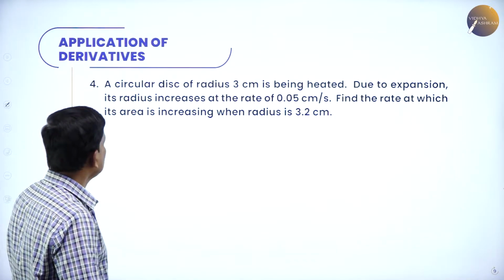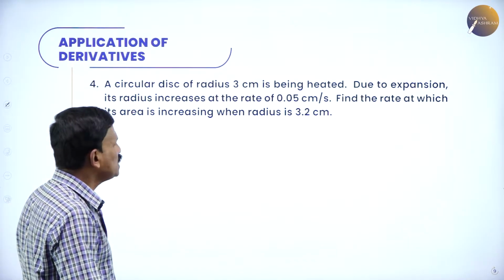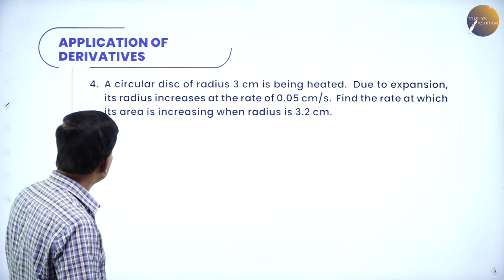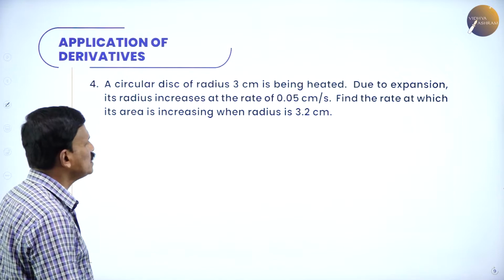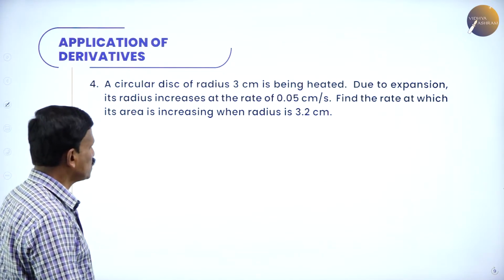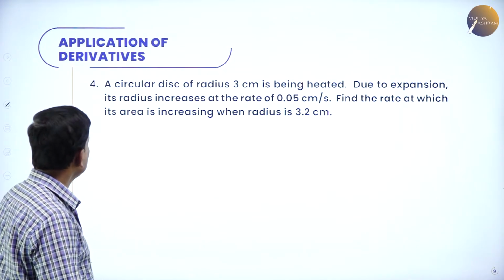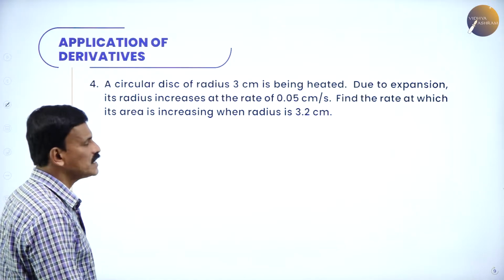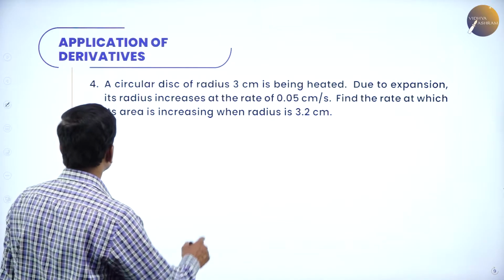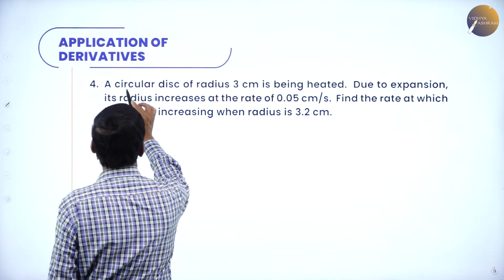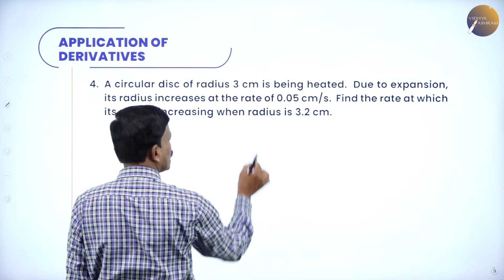A circular disc of radius 3 centimeters is being heated. Due to expansion, its radius increases at the rate of 0.05 centimeters per second. Find the rate at which the area is increasing when the radius is equal to 3.2 centimeters. This is also a very simple problem. Here a circular disc, again a circle, is given.